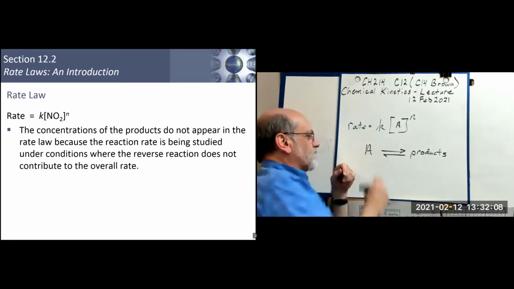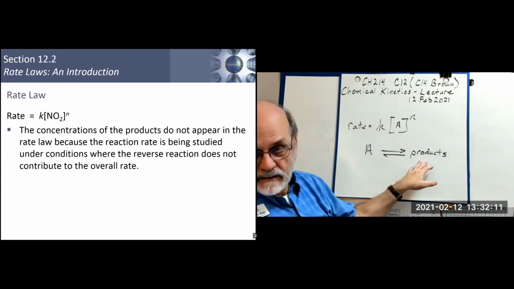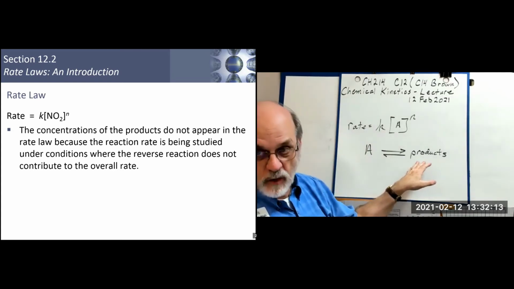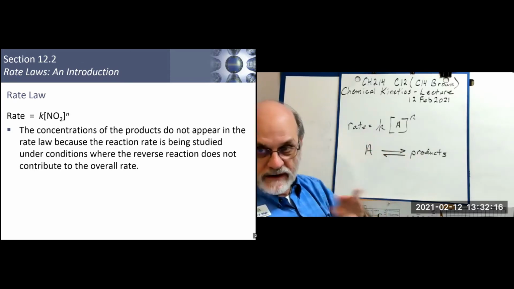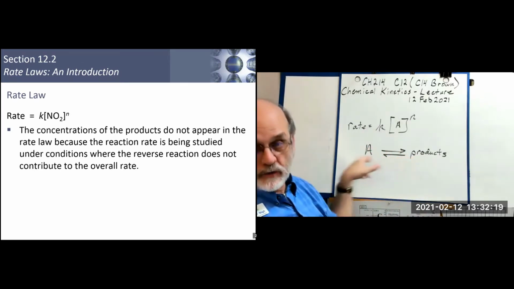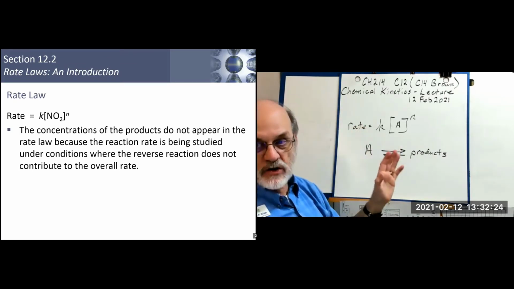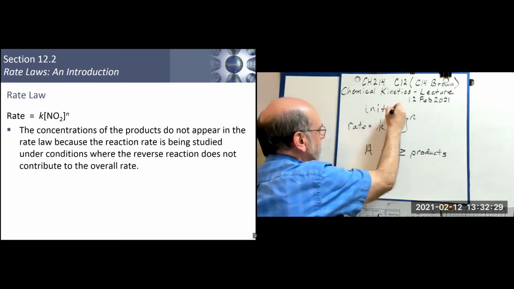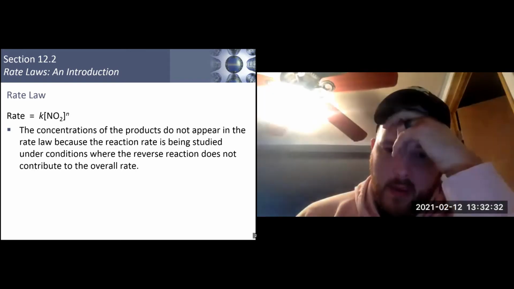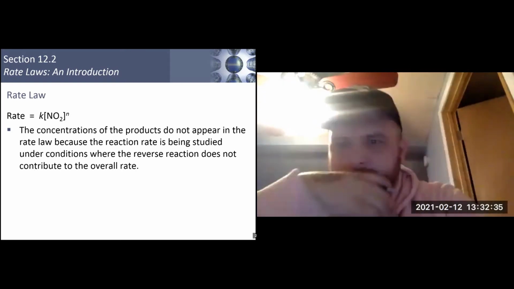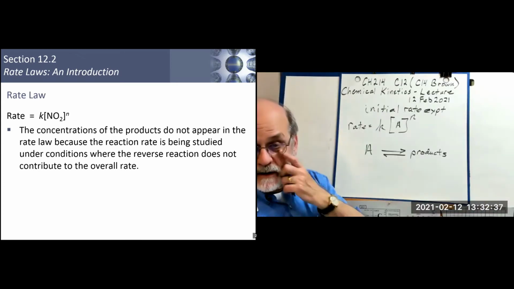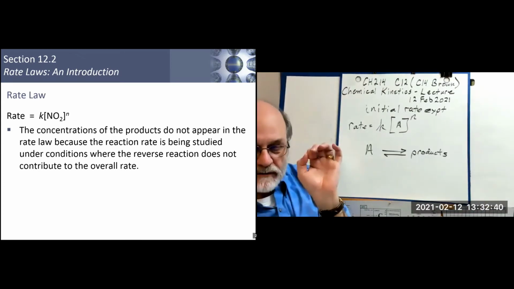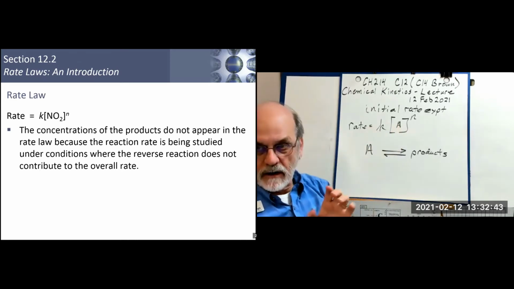So what do we do? Well, if we suspect, or even if we don't suspect, and we just want to eliminate the problem before it even happens, of any reverse reactions, we study the reaction at the very beginning. It's called initial rate. Initial rate experiment. So we set the concentration here, and there are no products.